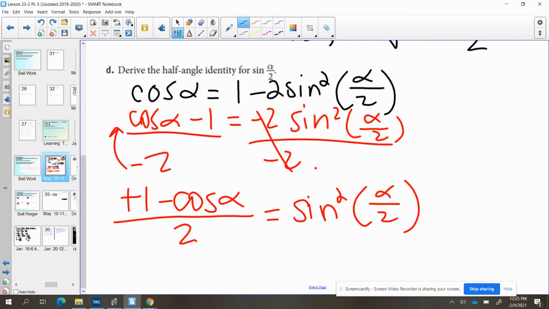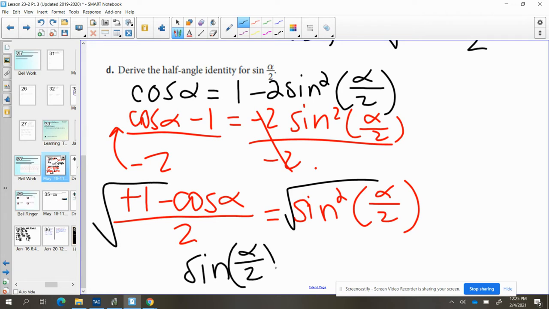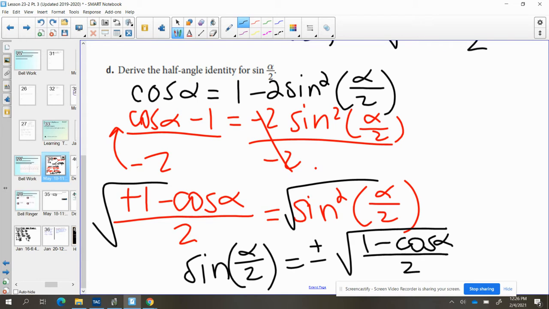Finally, when we square root, we end up with sine of alpha divided by 2 equals plus or minus the square root of 1 minus cosine alpha all over 2. So here's our second formula, this time for sine's half angle.